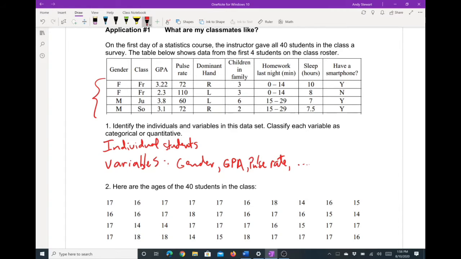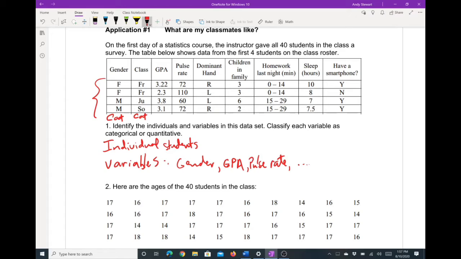Okay, so first of all, gender. Is gender numerical or categorical? Does it make sense to average gender? No, it doesn't. So gender is categorical. Class, that's also categorical.